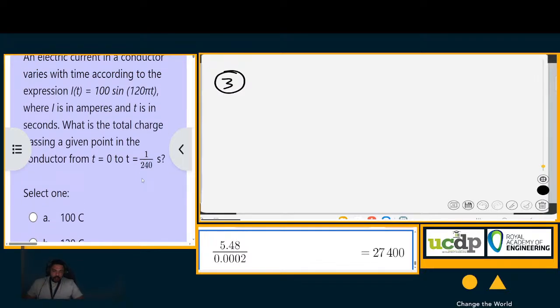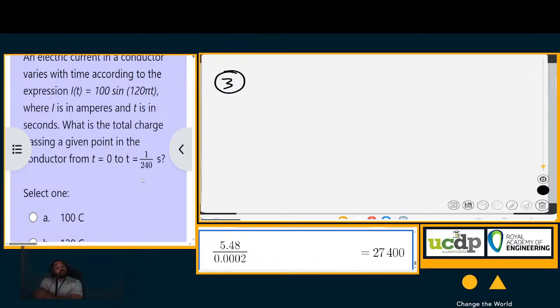So, an electric current in a conductor, and it varies with time. This is why we like this type of problem, because you usually assume current just stays constant, but current in actuality fluctuates.